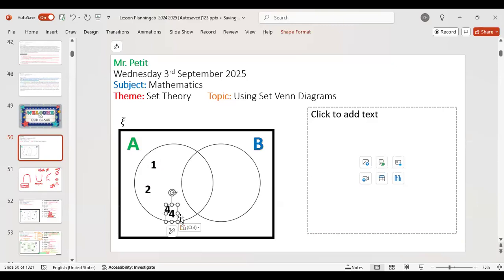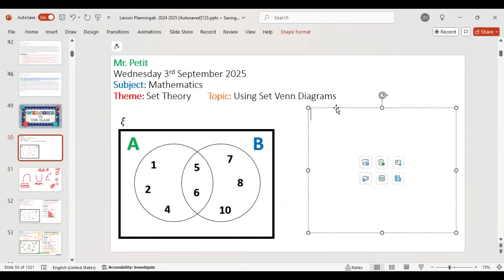So no 3, 5 and 6. All right, and then for the other side, we're gonna say 7. The next one is 8. Then the next one, no 9. We're not gonna put 9, so we're just gonna put 10. Okay, so that's what we have here.